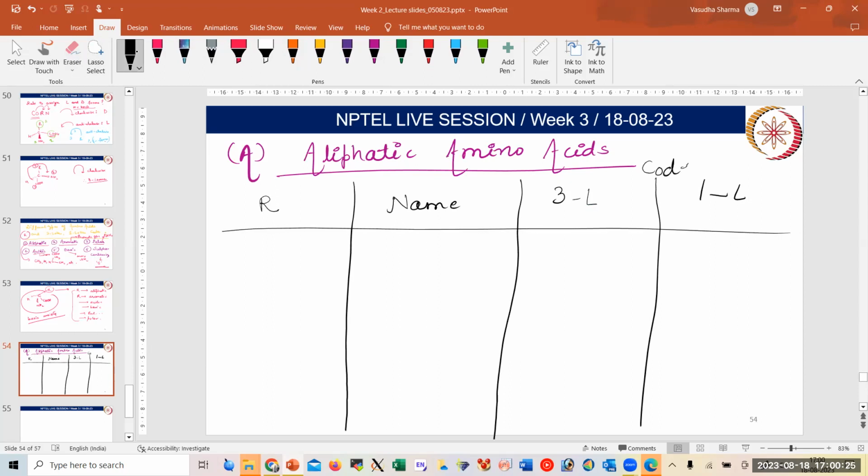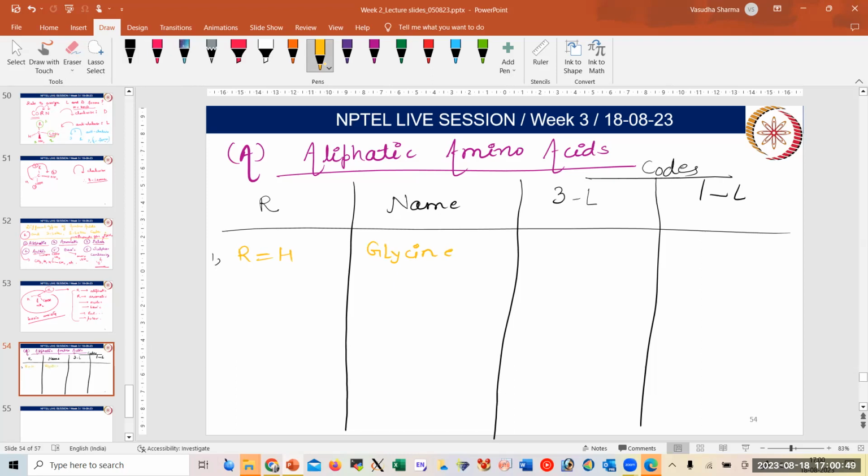These are the codes. So the first one we have, if R is just your H, if R is equal to H, then the name is given as glycine.